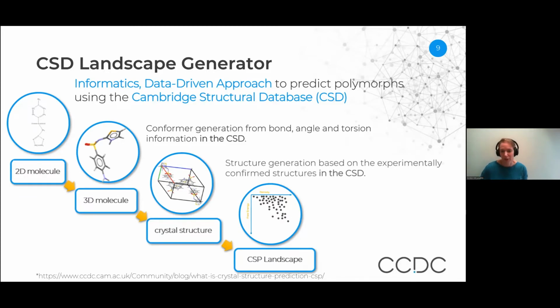Similarly, the crystal structures are based on the experimentally confirmed structures we already have. Finally, the landscape itself, the free energy, is calculated based on sublimation energies that we already have in the CSD.